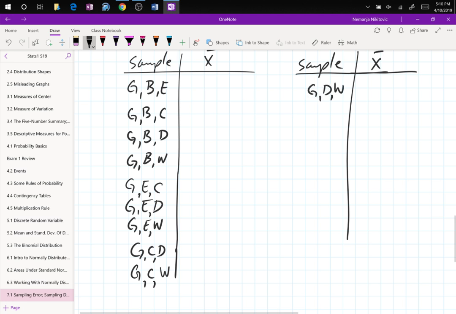Okay, so those are all with Gates, because Gates is now paired with everyone.